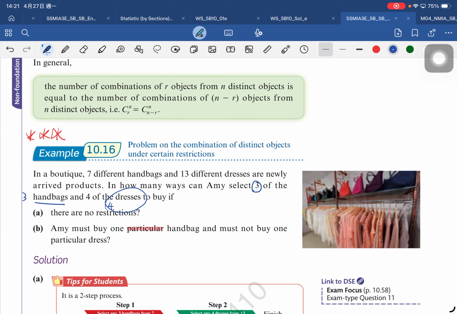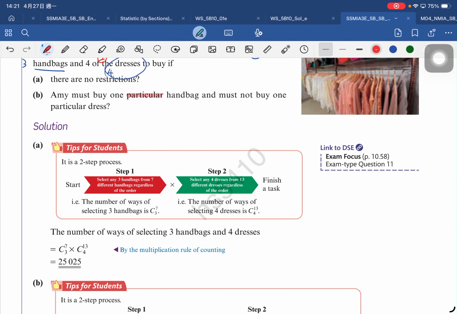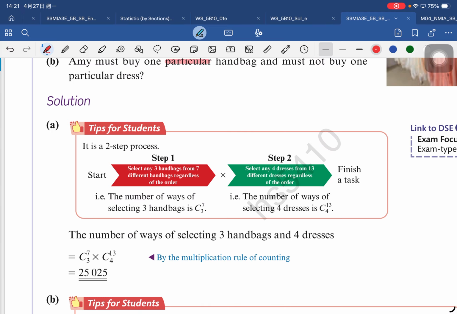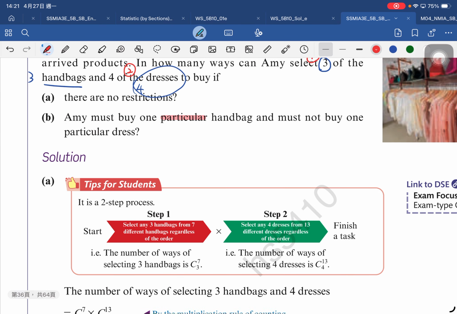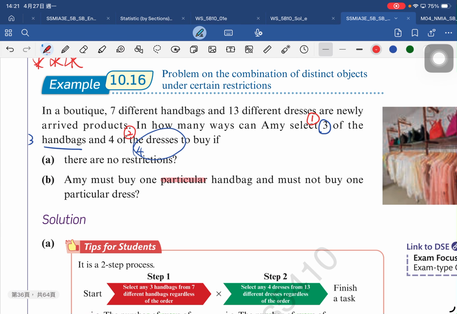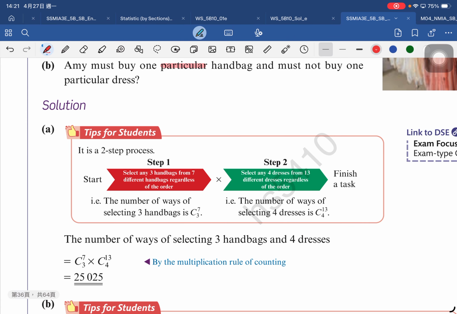So now what should you do? This involves steps. Step 1, what should you do? Select handbags, for example, and then select 4 dresses. But how do you select them? Right now you can see these are the steps. There is no order arrangement. So out of 7 handbags, select any 3. Just about selection. 7C3.